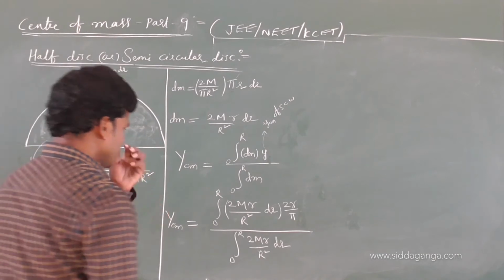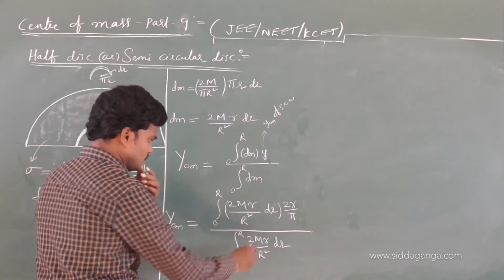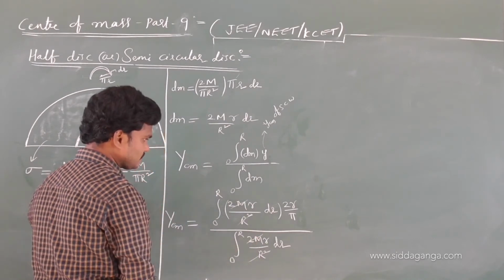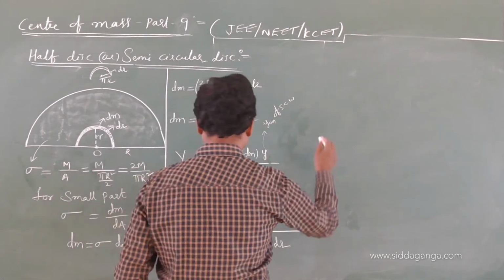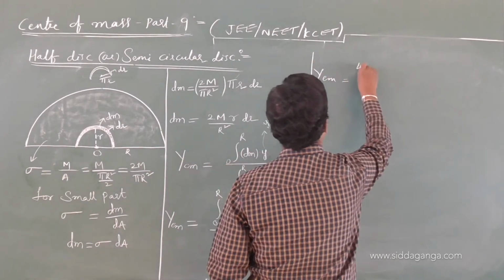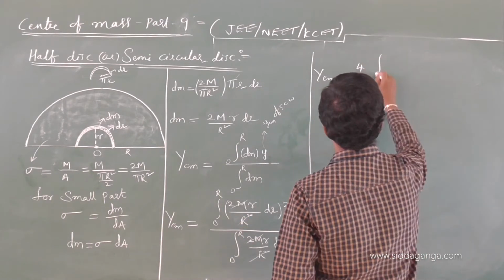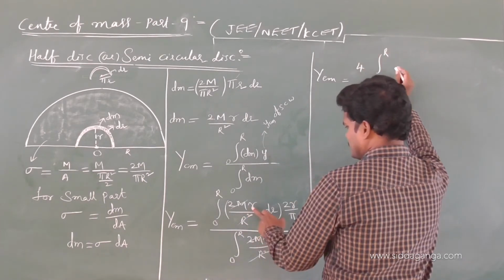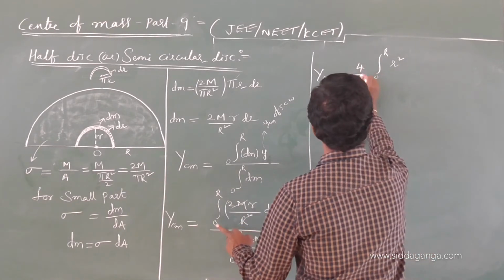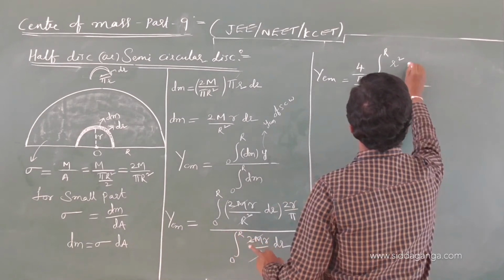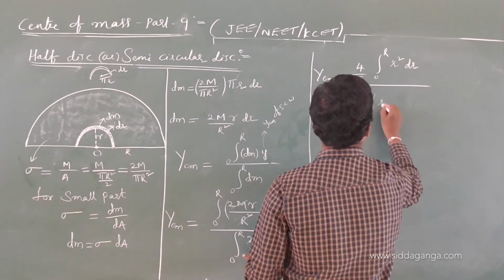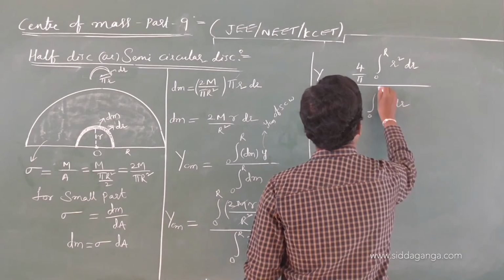Any terms cancelled? Yes, 2M and R square. This 2 becomes 4. So YCM: let me write 4 by pi outside, the integration from 0 to capital R of small r square dr.